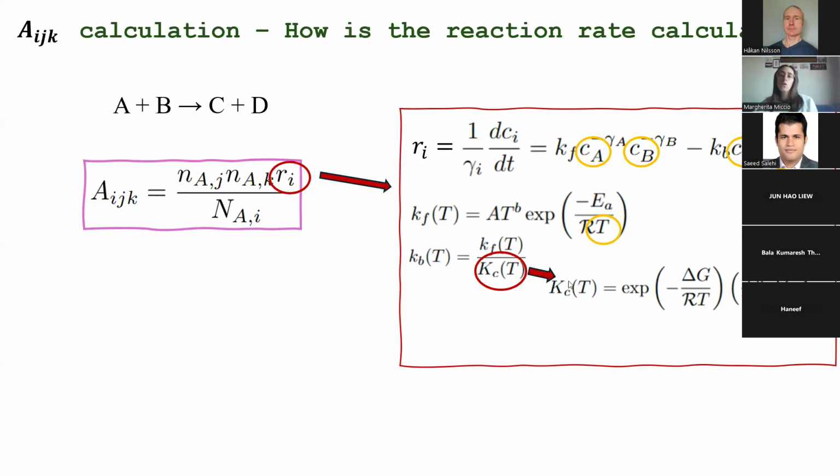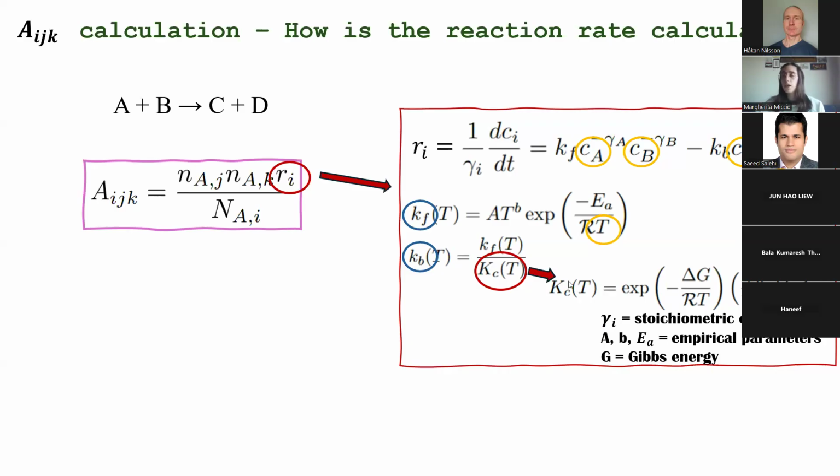And then we also need to know the temperature. Then we need to know the constant, the forward rate and the backward rate. And the other quantities that you see are just the stoichiometric coefficient, gamma A, and so on, and other empirical parameters, while the G is the Gibbs energy, so it just depends on temperature.